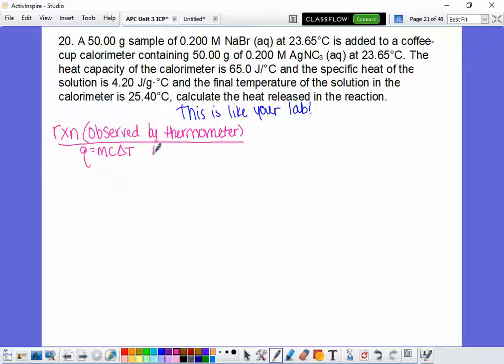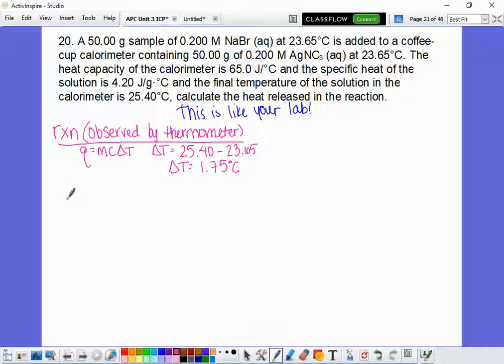What's our delta T? Our final was what? 25.40. What's our initial? 23.65. So what's our delta T? 1.75. All right. Two decimal places.